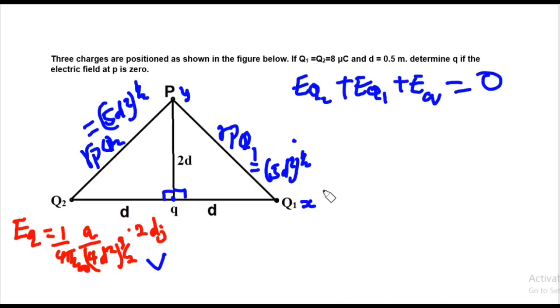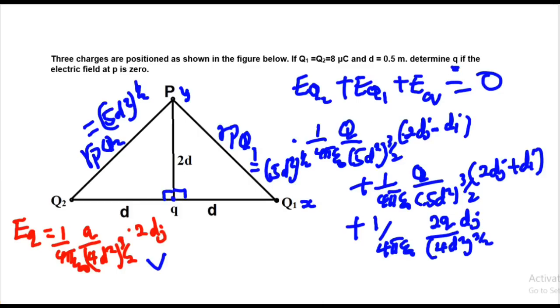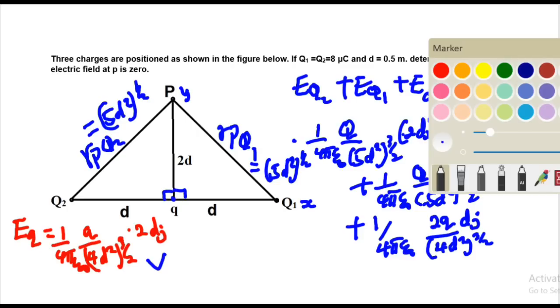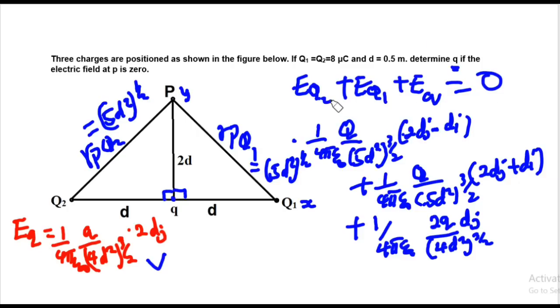We shall make use of this to determine Q. So once we sum the electric fields, we have this is the electric field due to Q2, this is the electric field due to Q1, and this is the electric field due to Q. Once we sum this up, we now have that.